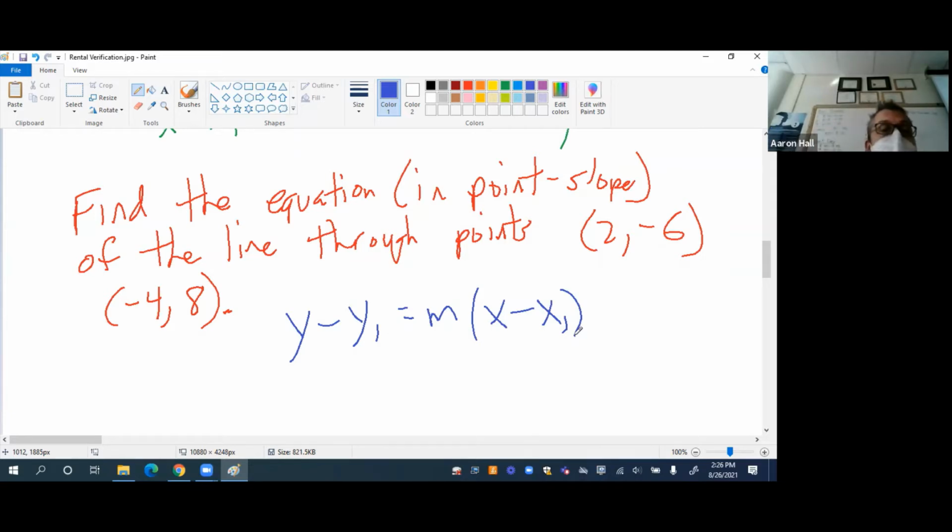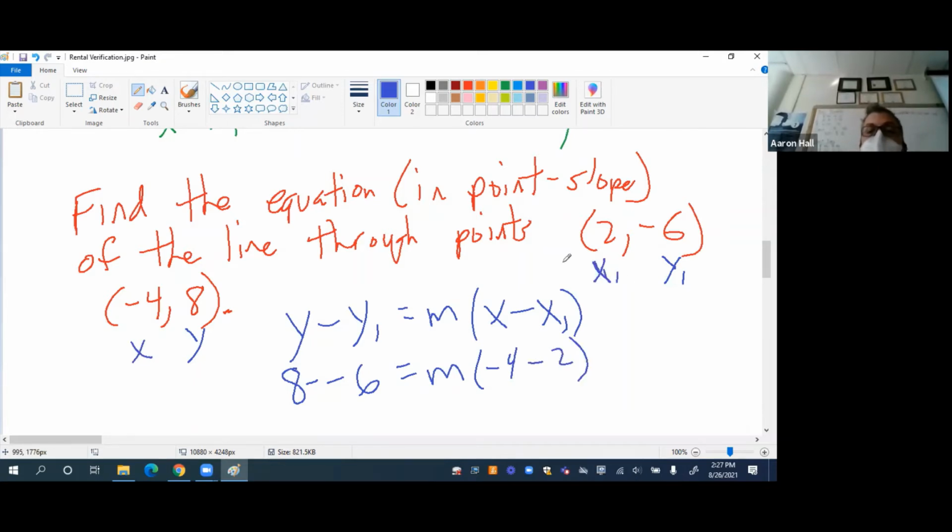All right, so this is a y and this is a y, right? So you're saying this is y subset 1. So you said 8 minus -6, okay? -4 is your x, and this is your x subset 1, 2. Yeah, yep. Now what?